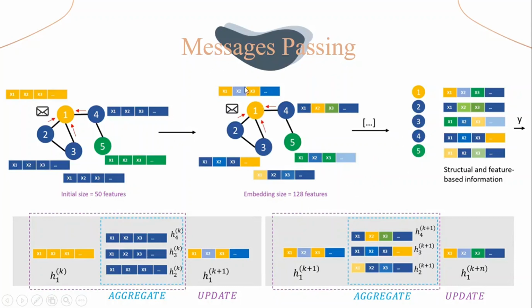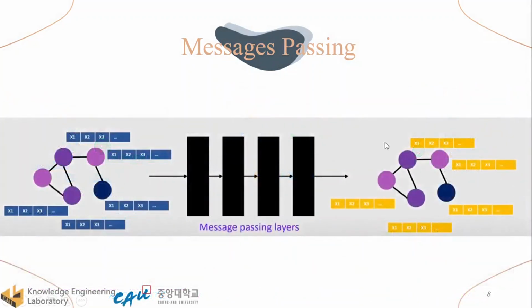As you can see here, node 1 has now gained the information from its 3 neighbors. As I mentioned before, we can loop this process several times, and how many times you run the message passing task depends on your application.